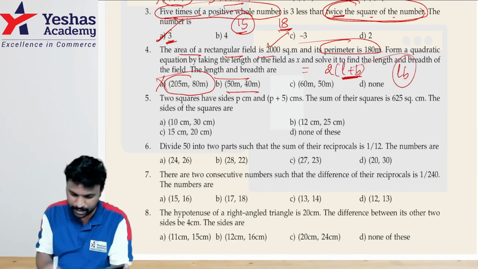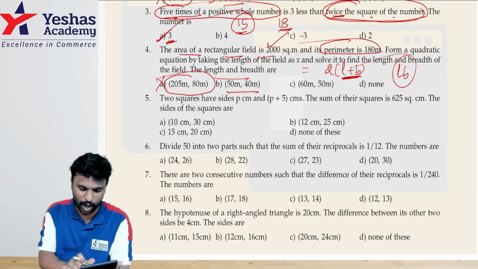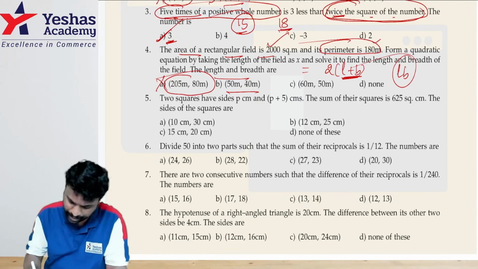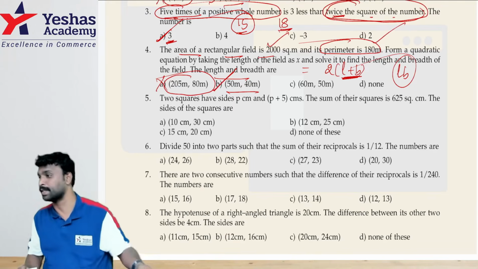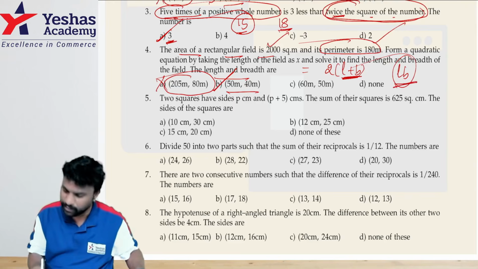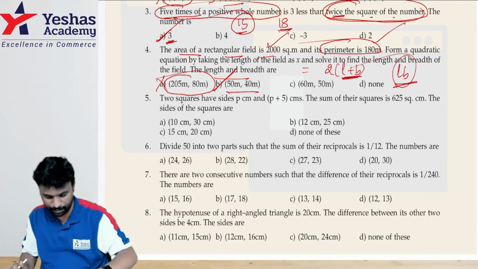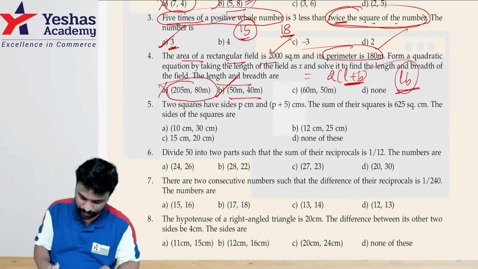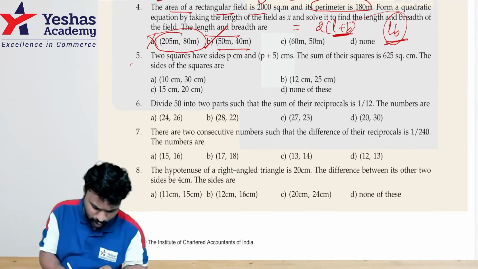Guys, L plus B, 50 plus 40 is 90, into 2. How much is it? 180. So the perimeter also satisfies. Option B is the right answer. Area of a rectangular field is L into B and the perimeter is 2 times L plus B. So both are satisfied from option B itself, right? So moving on to the next question.